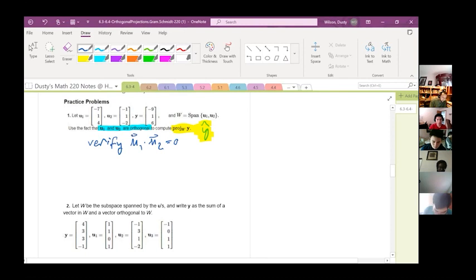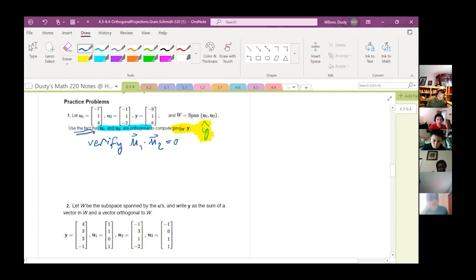In this case, they said use the fact, so you don't need to verify it, but I just want to remind you of what you would need to do if they hadn't let you assume that they were orthogonal. So that's the first practice problem.